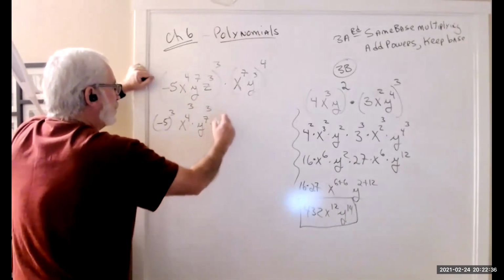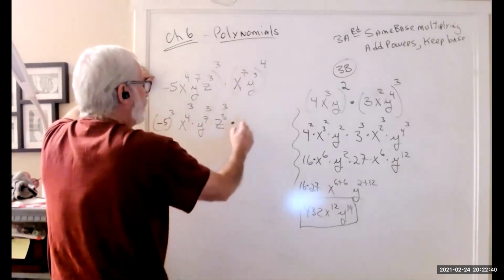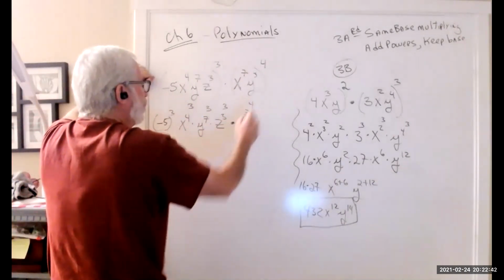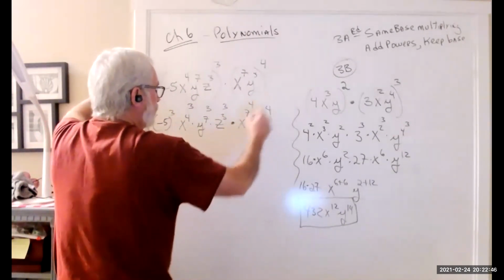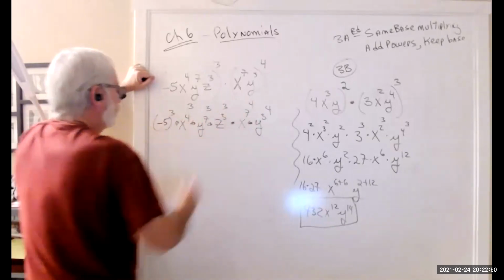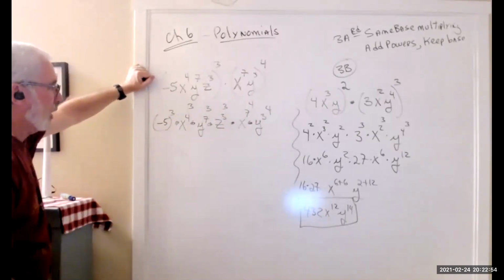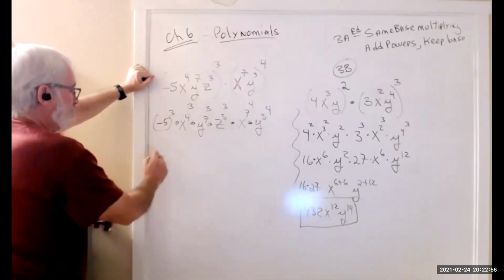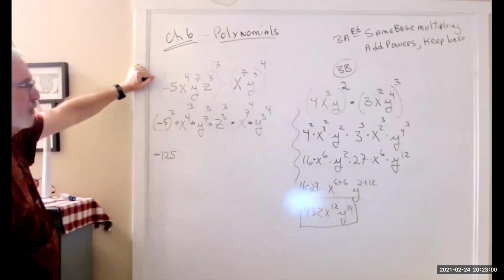This is z to the 3rd to the 3rd. This is x to the 7 to the 4th. And this is y to the 3rd to the 4th. Okay, again, this is negative 125, and that's just using your calculator and arithmetic.